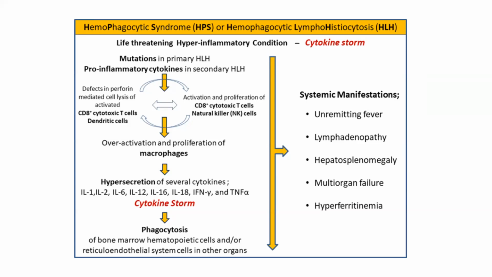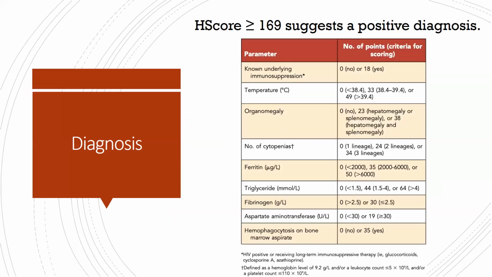Next slide, we can see how to diagnose. There are two ways to diagnose: one is the H score and one is HLH 2004. For the H score, there are a few parameters, with a score of more than 169 suggesting a positive diagnosis.